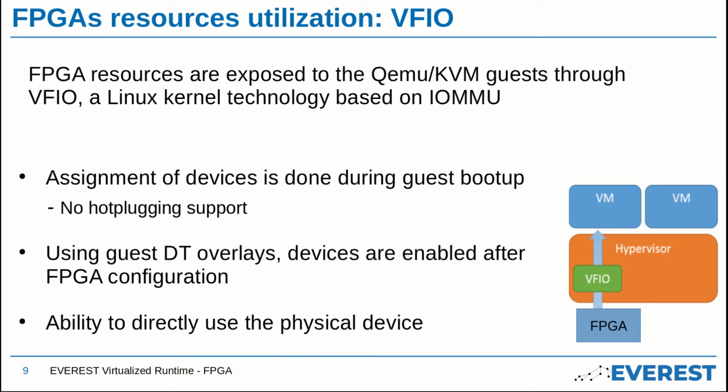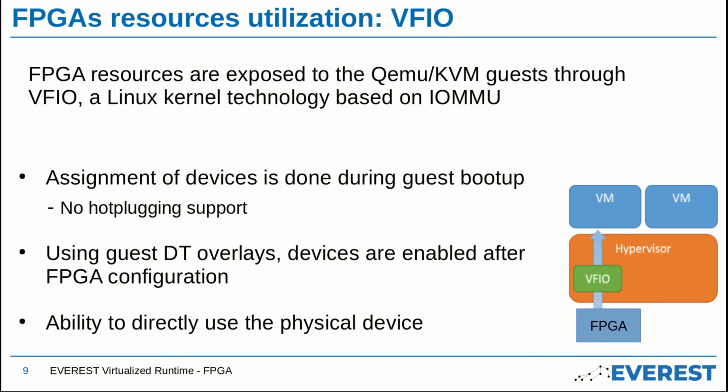Soon after FPGAs are configured, the guest should be able to utilize their resources. It is VFIO that comes to the rescue. This technique, in combination with QEMU KVM, enables direct pass-through of devices to guests. VFIO is actually a framework that is based on the IOMMU controller and allows devices to be used from a user space context.